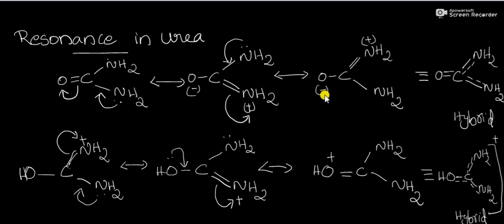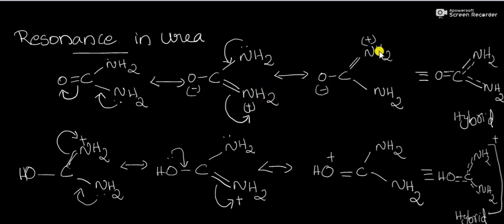And the presence of negative charge on the oxygen atom in structures 2 and 3 facilitates the acceptance of a single proton, causing urea to behave as a monoacidic base. And that cation is also stabilized by resonance.